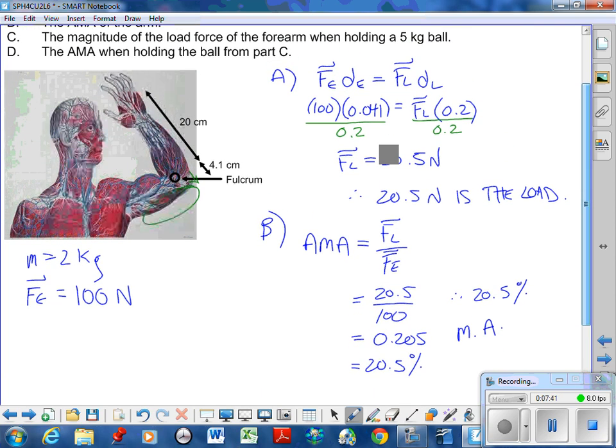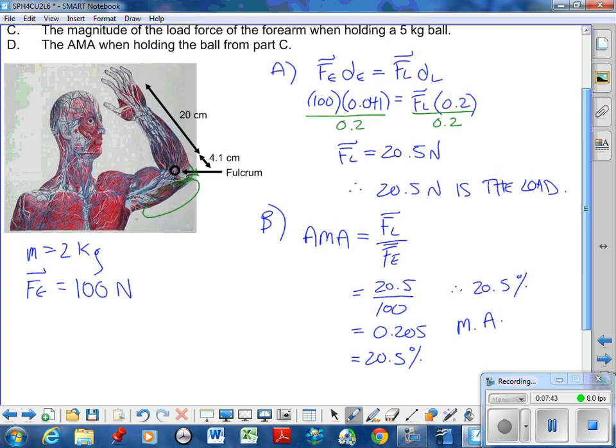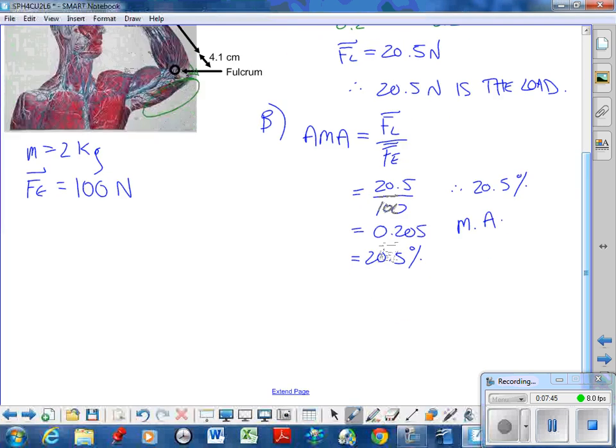C part's the magnitude of the load force when you're holding a 5 kilogram ball. Okay, so I'll move over here. So 5 kilogram ball, well, F equals mg from our first unit, first part of this unit. Mass is 5 times 9.81.